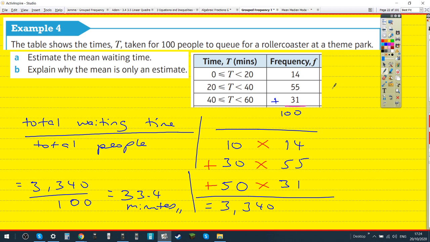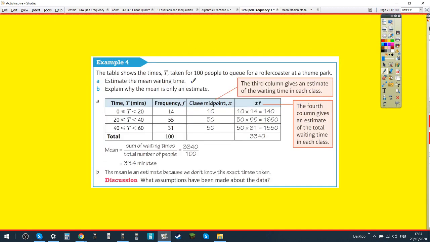Does it look all right? Yeah, it's kind of close to the middle of there. Most of the people are in there. It looks all right. If you got an average of like 3.34 minutes, you'd know that's probably way too small. Or 334, you'd know that's too big. So this is all working out.